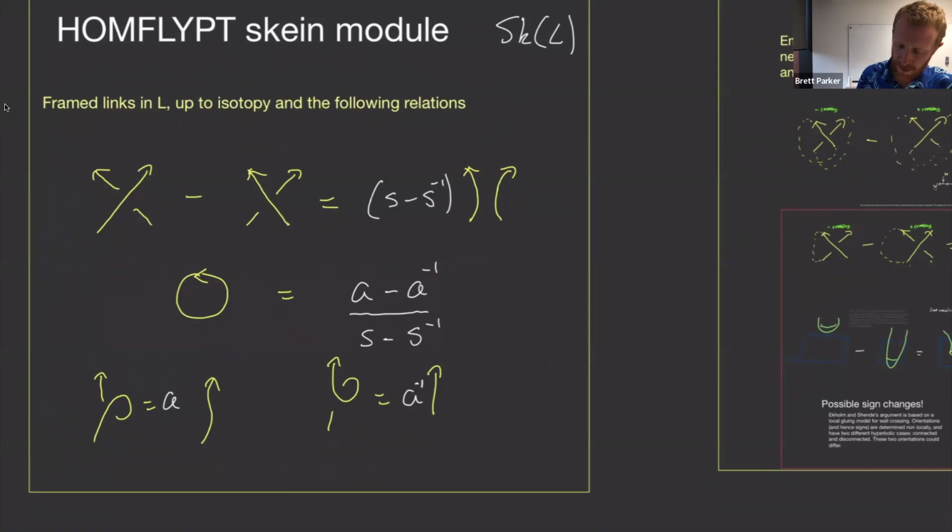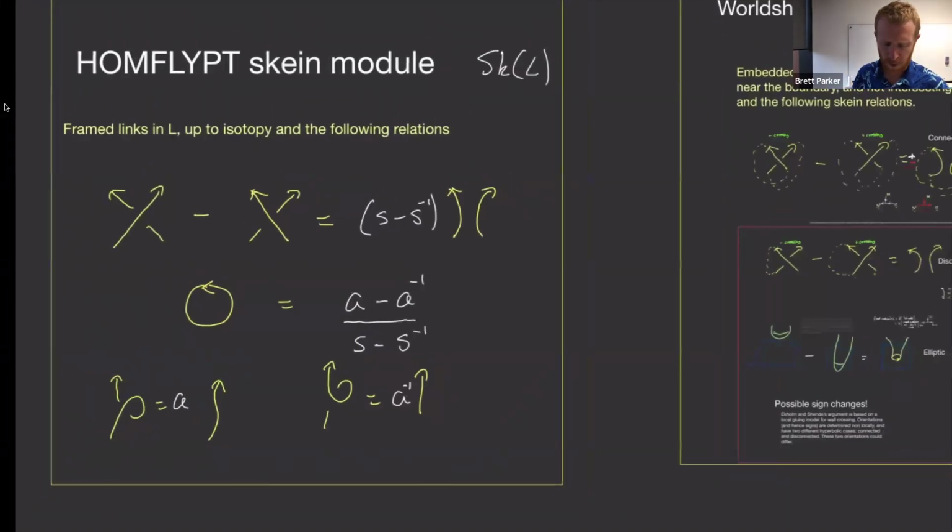The unknot is equal to a minus a inverse divided by s minus s inverse, where a is a parameter that keeps track of framing. Changing the framing by a positive twist multiplies your framed knot by this parameter a. For this audience, you all know much more about this Skein module than I do.